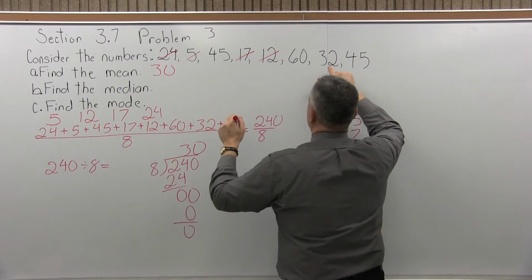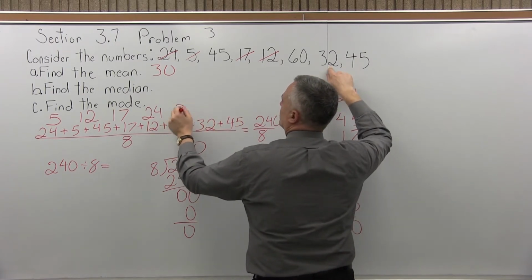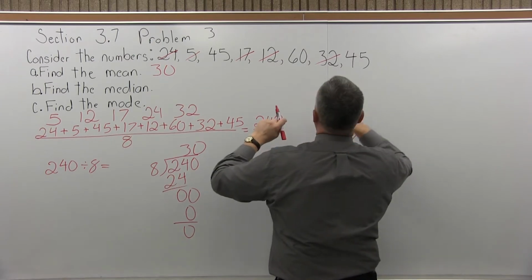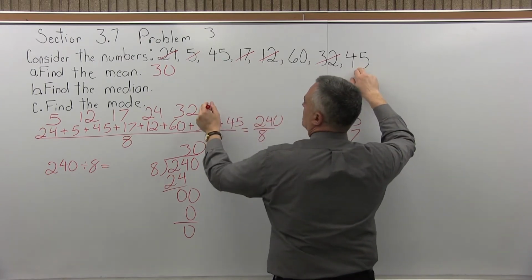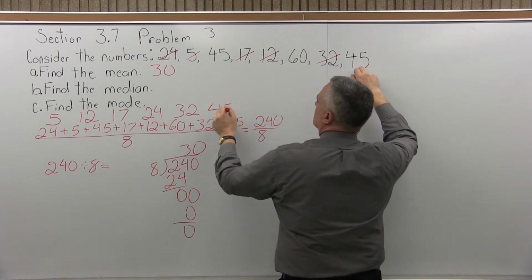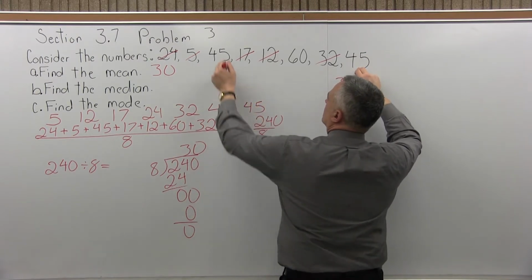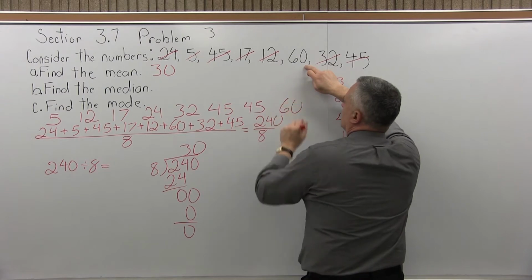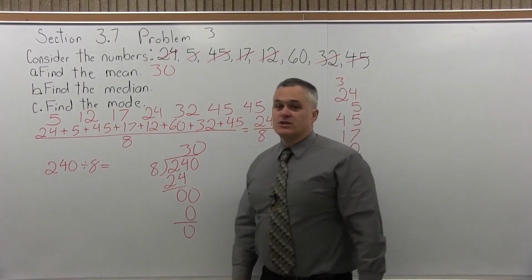In the 30s, we have 32. Anything else in the 30s? 45 shows up twice. And 60 is left. So that's the list in order.